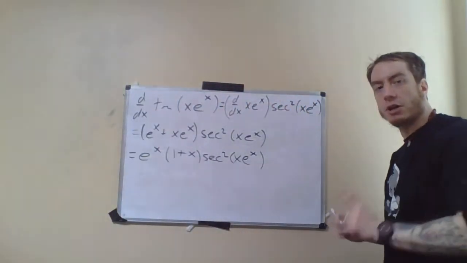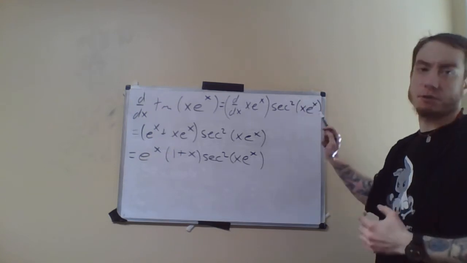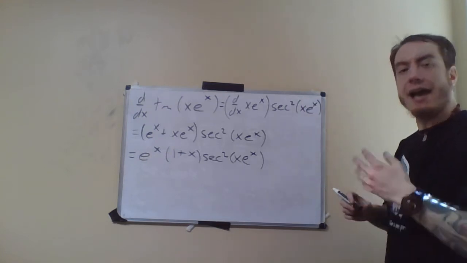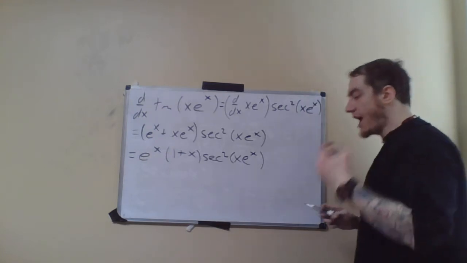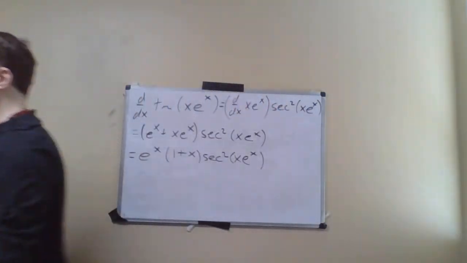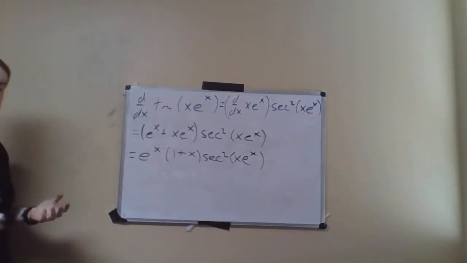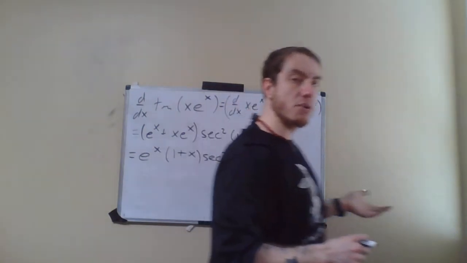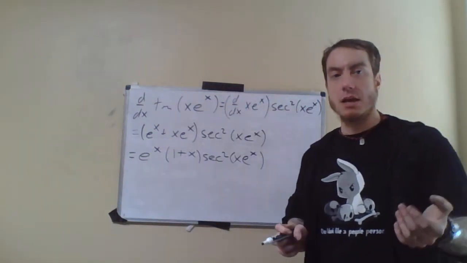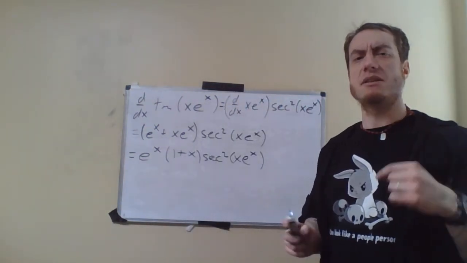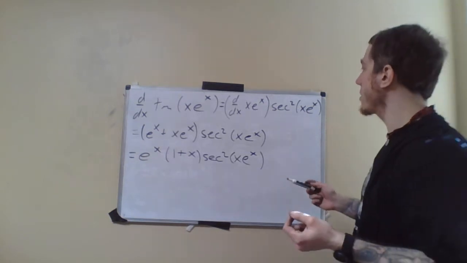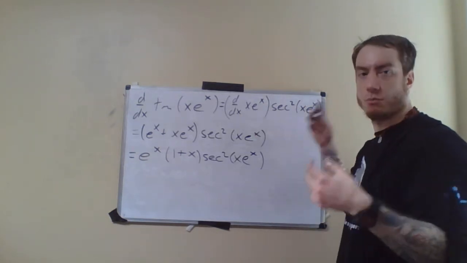Now, this was a little more involved because we had to use multiple rules together like this, and that's not uncommon. You have to end up using a bunch of different rules to get through your problem in quite a few different situations. But it's not really that big a deal, okay? It's really just a matter of breaking it down piece by piece.